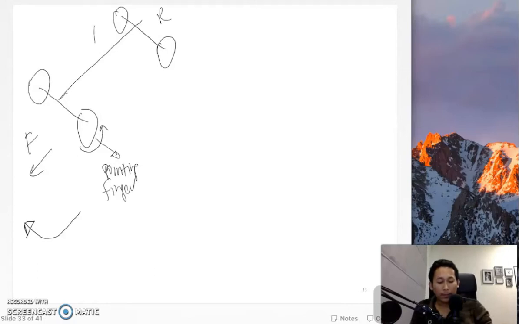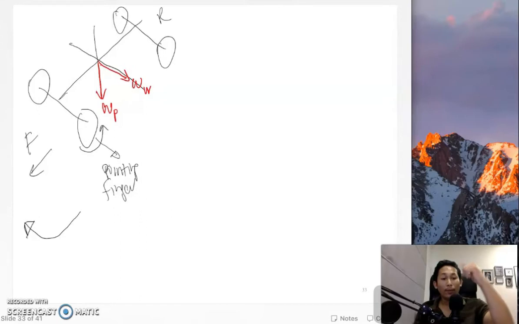From the right hand rule, this one is our angular velocity from the wheels, and then the precession of the right turn of the vehicle.